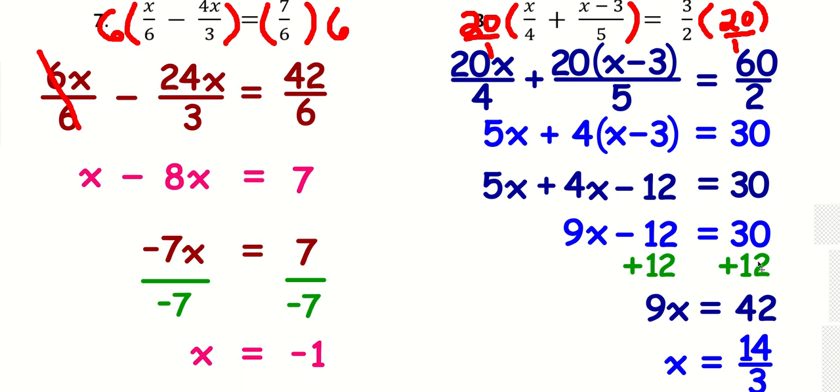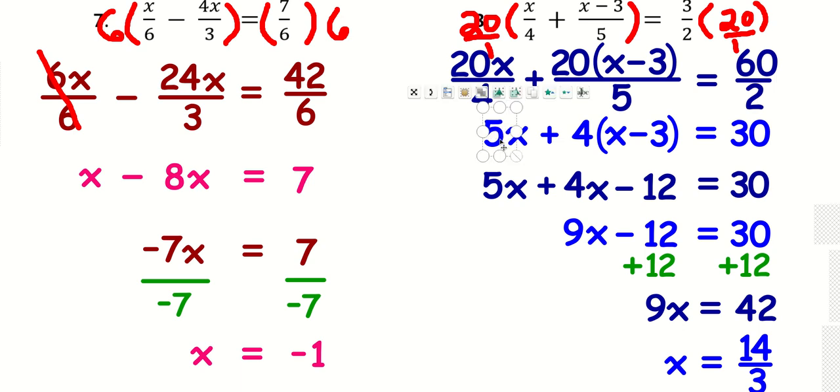Okay. As you finish writing this out, when I was your age growing up, I would have thought of this as, okay, 20 will cancel with the 4, but there'll be a 5 left over, because 20 divided by 4 is 5, and that 5 gets multiplied to the x.